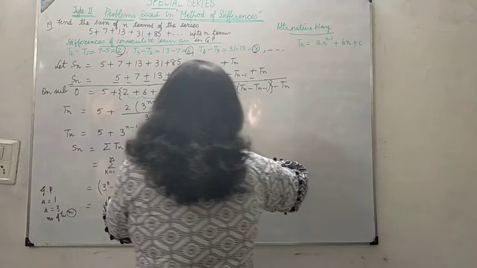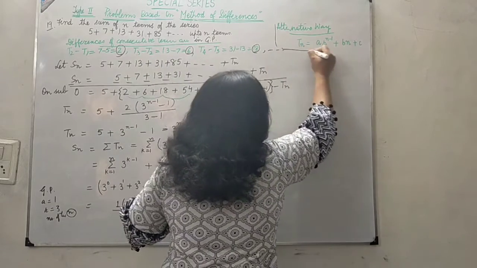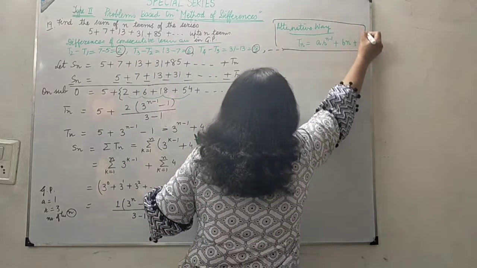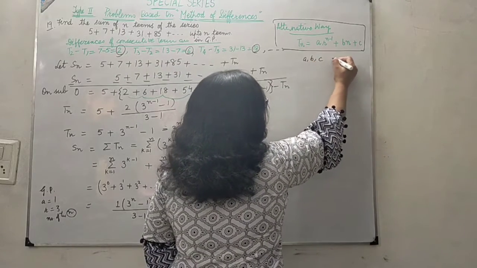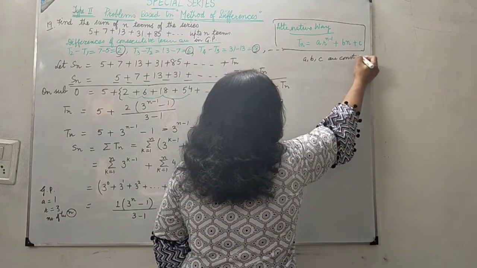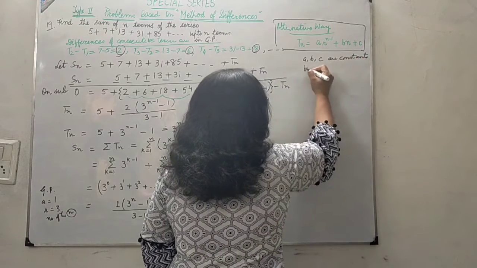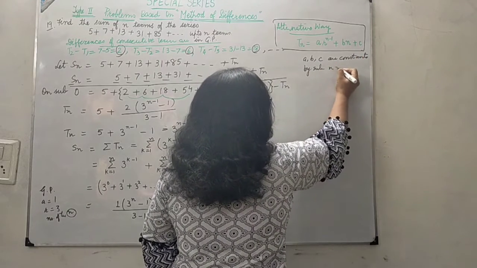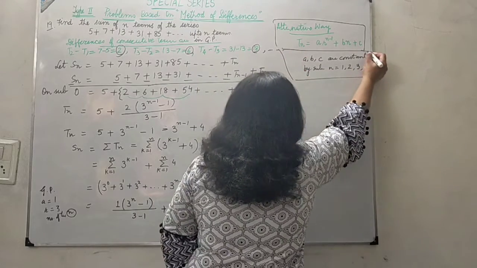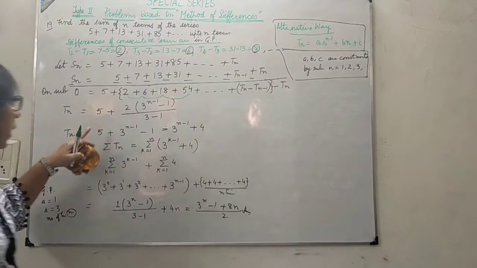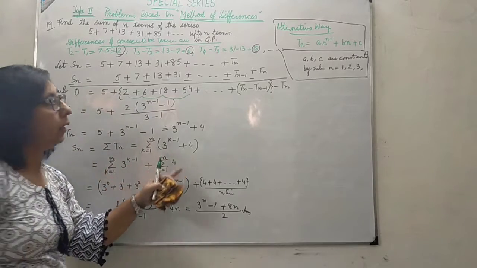You can see over here, this is a note, and again a, b, c are 3 constants that should be determined, and these 3 constants we can determine by substituting n as 1, 2, 3. Let us apply this procedure and check whether we are getting the same Tn over here.